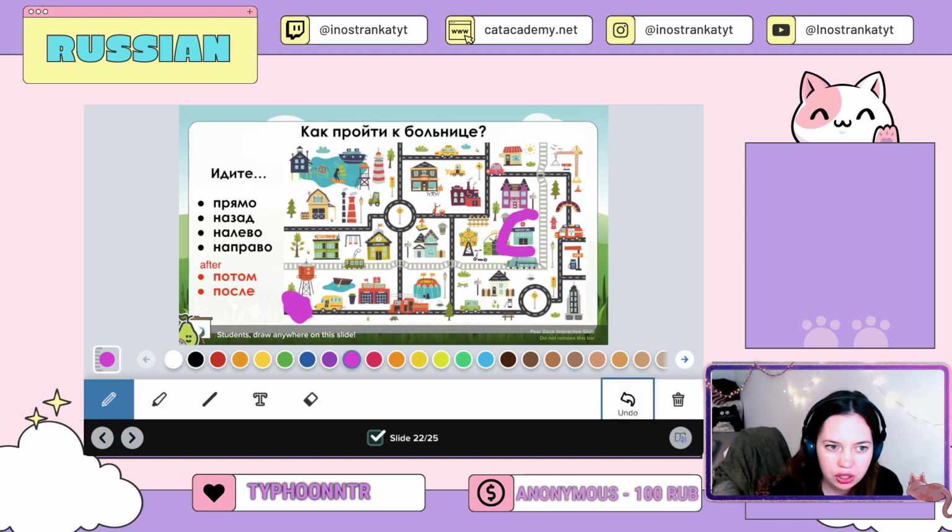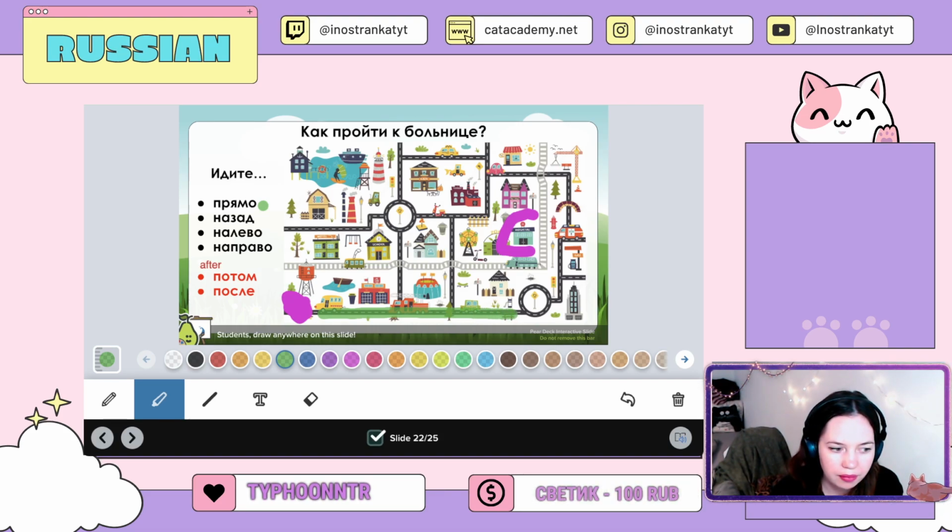Okay, I'm going to actually change it like this. Идите прямо. We haven't learned about roundabout, so we have to maybe make it shorter. Идите прямо.